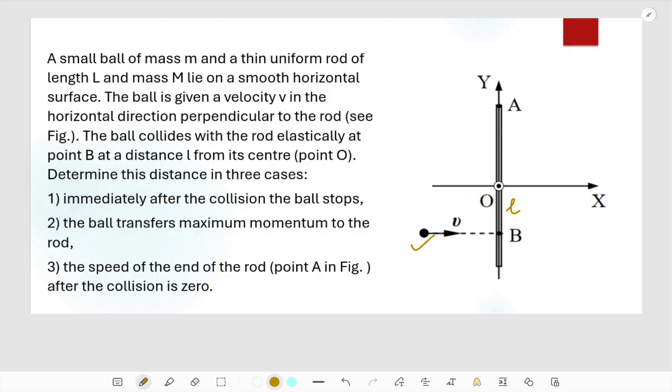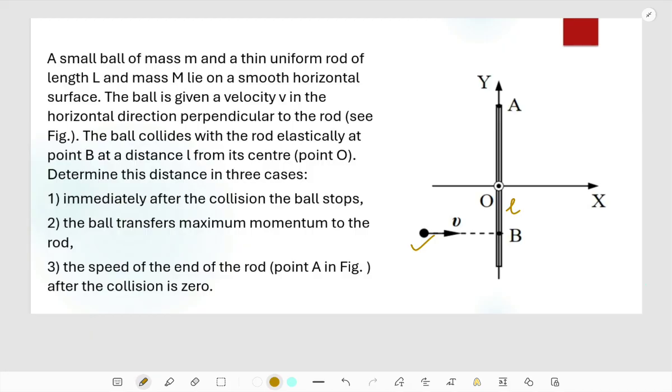So there are many things visible here. In the absence of any external forces in the plane of motion during the collision, the conservation of linear momentum is applicable for the ball plus rod system. And to find the angular velocity of the rod, the conservation of angular momentum is applicable. We can also visualize the rod as spinning around an axis passing through its translating center of mass.